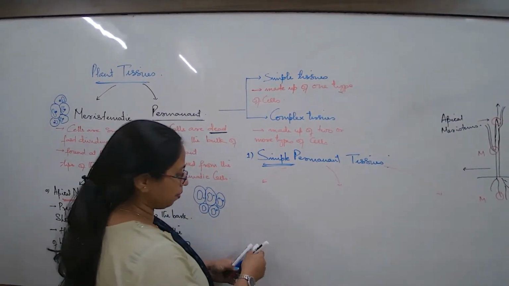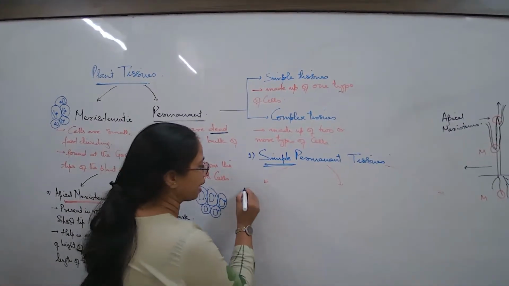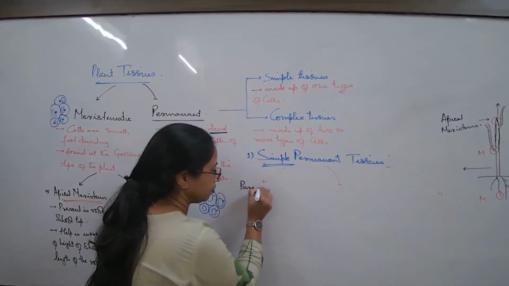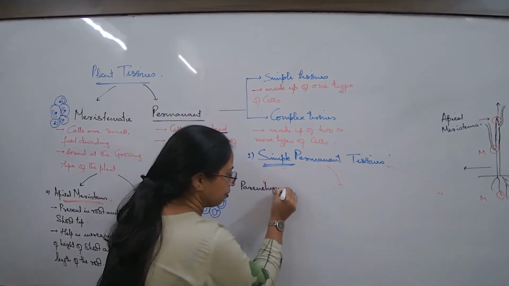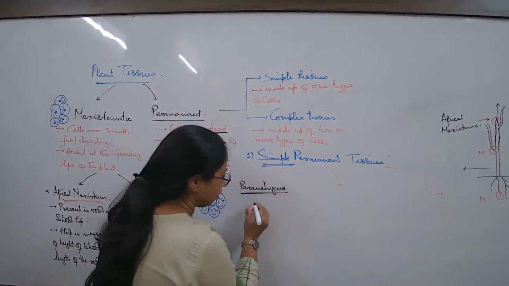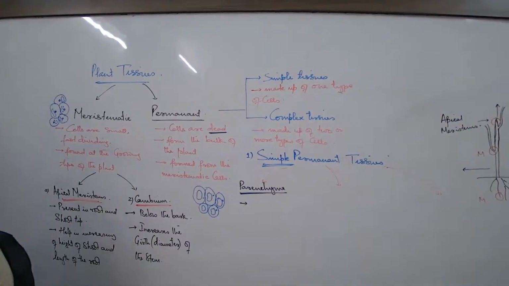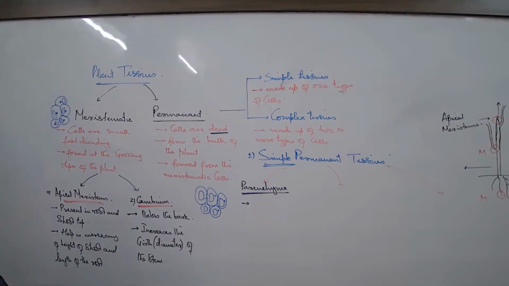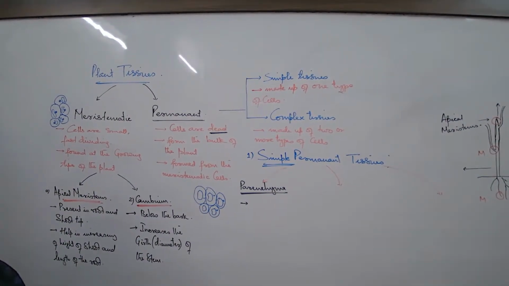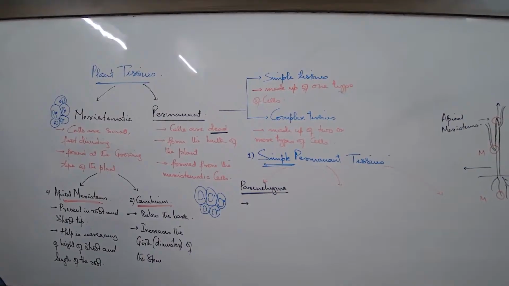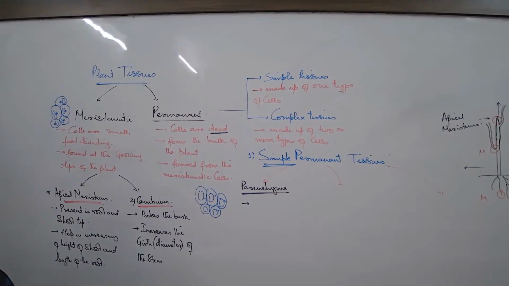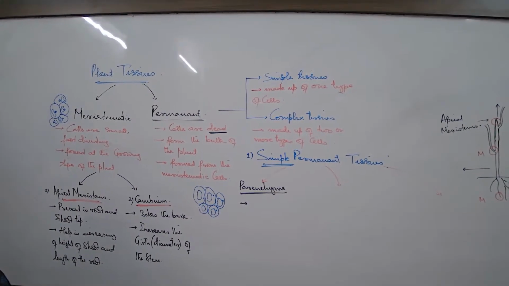The first type of simple permanent tissues is parenchyma. Look at the diagram of parenchyma, and as I speak about the characteristics, try to match. Parenchyma cells: are the cells compact or do they have intercellular spaces?